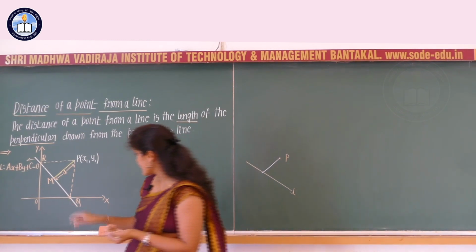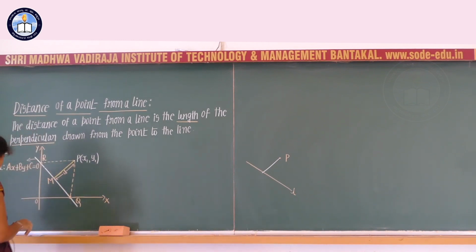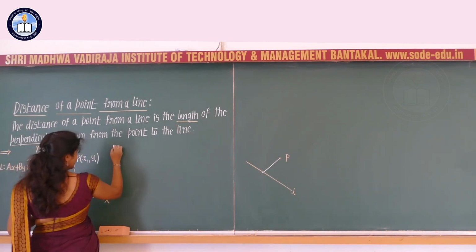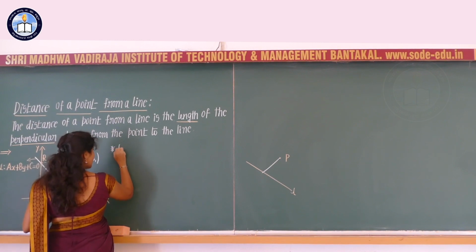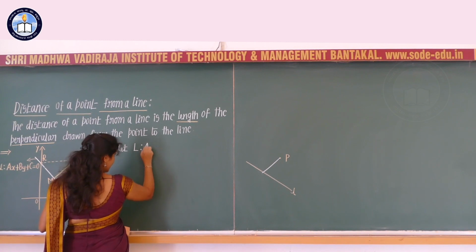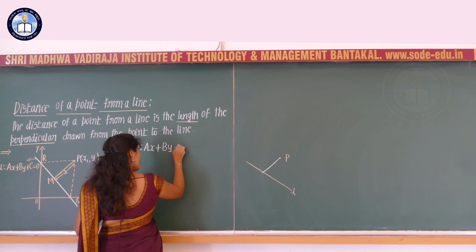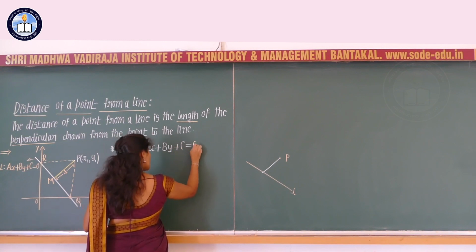So let me continue with the introductory part. As the introductory part I can write it as: let L be the equation of the line, given as A into x plus B into y plus C equal to 0.